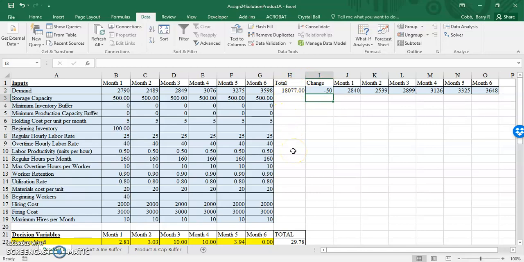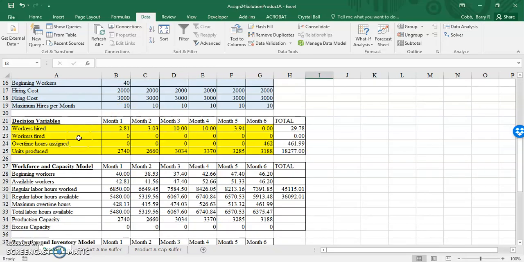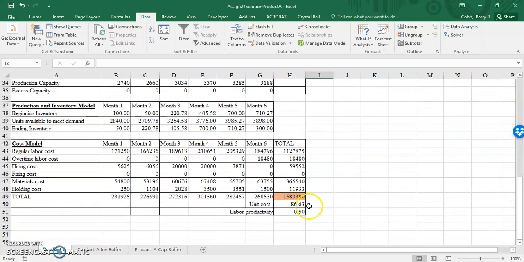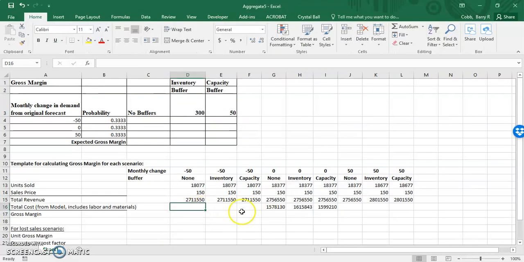We don't resolve in this case because we're not assuming that we're able to change this plan for labor and overtime within this period of time. So our cost changes to $1,583,380. The reason the cost is different is because we're holding more inventory now that we're not selling additional inventory.